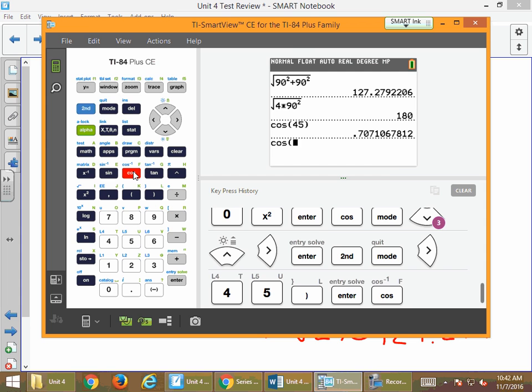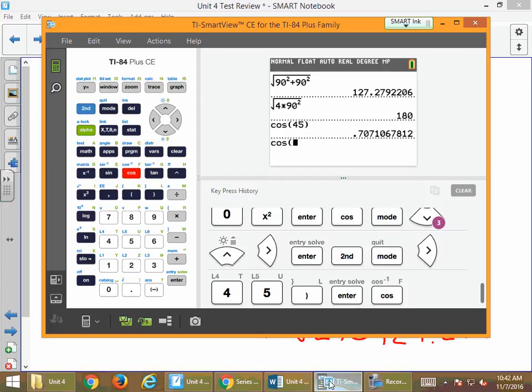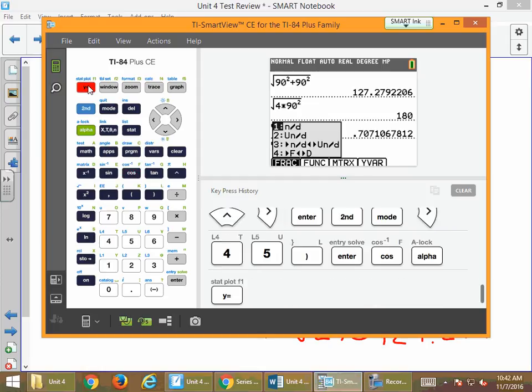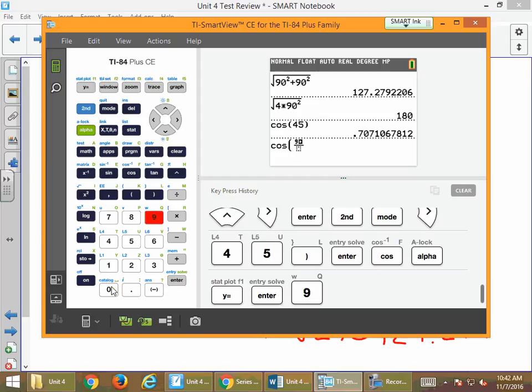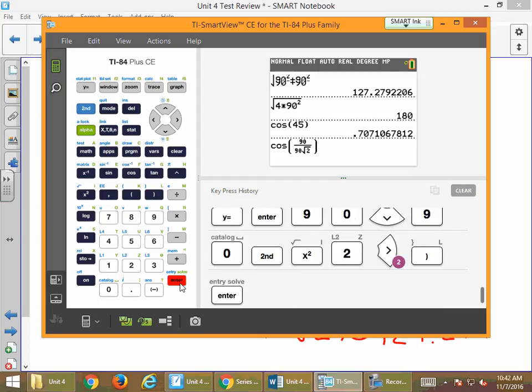To get the fraction, which I think might be easier, you do the green button, y equals, enter, and it gives you the fraction. You do 90, arrow down, 90 radical, arrow out, hit enter.